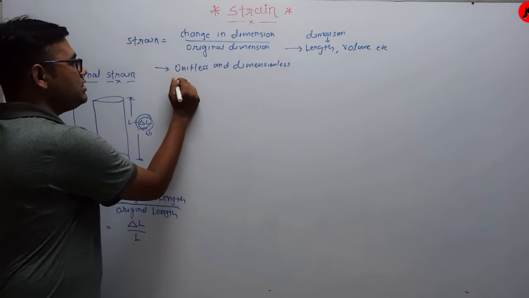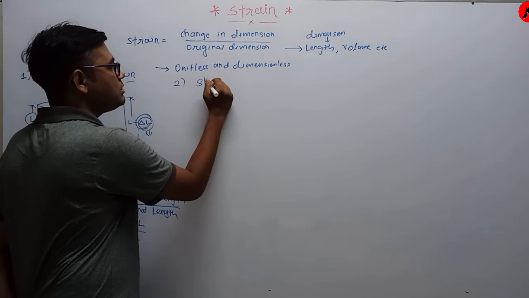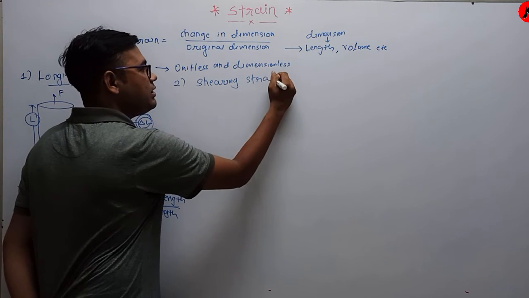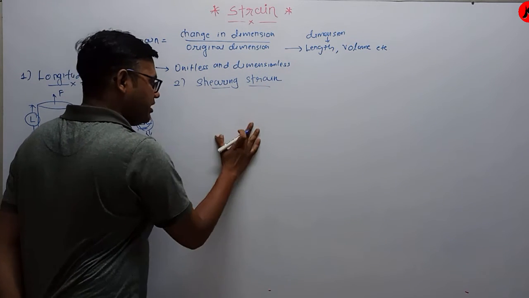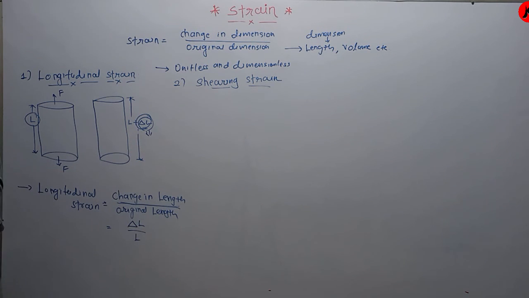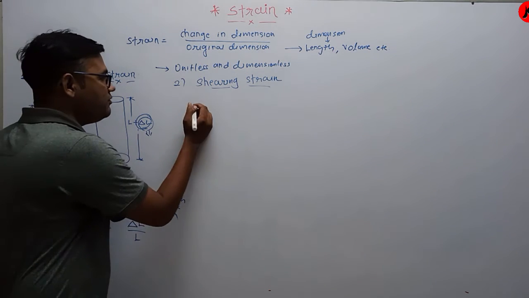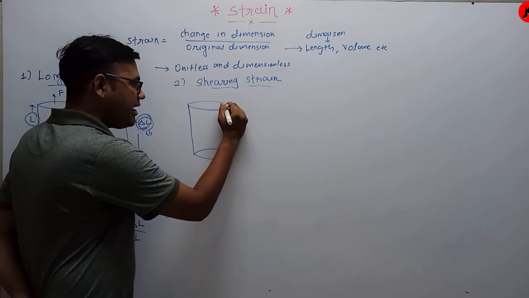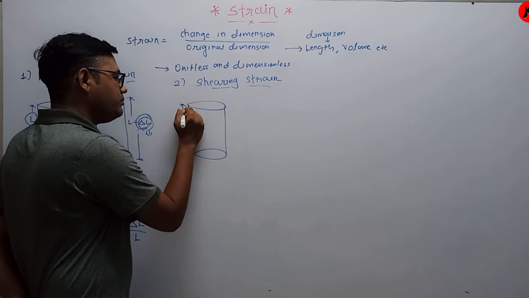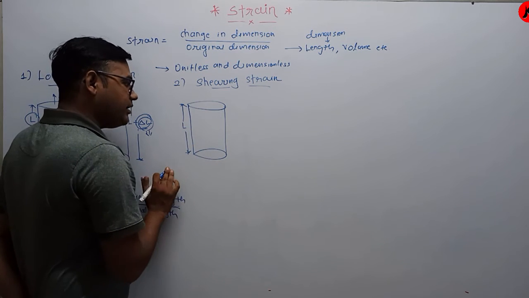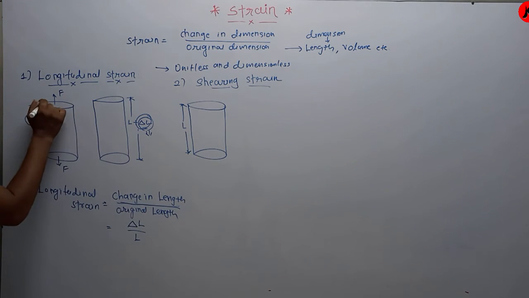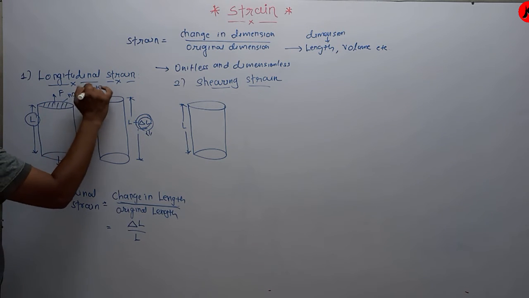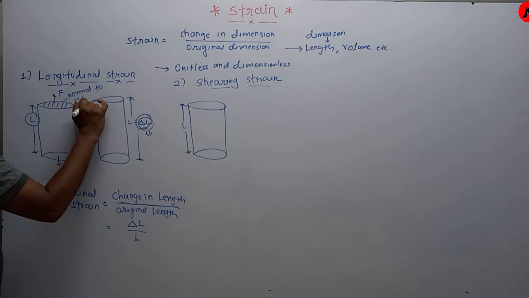Now the second type is shearing strain. Similarly here we will also consider a simple cylinder having length L, but here we have applied the force normal to the cross sectional area.